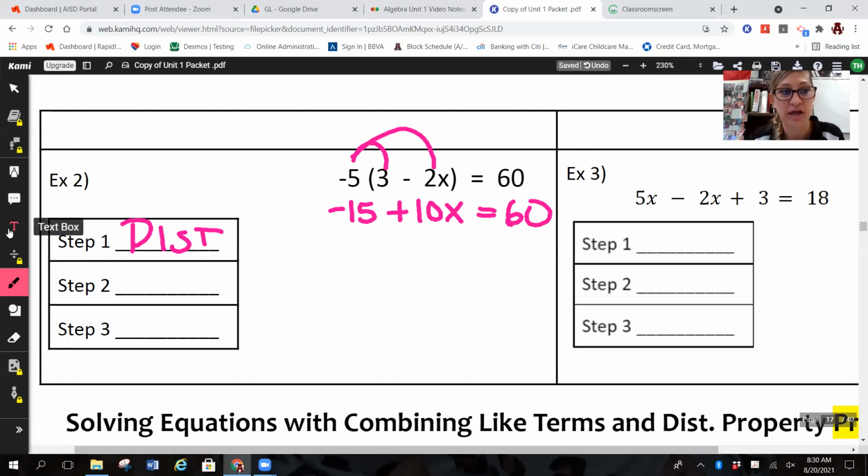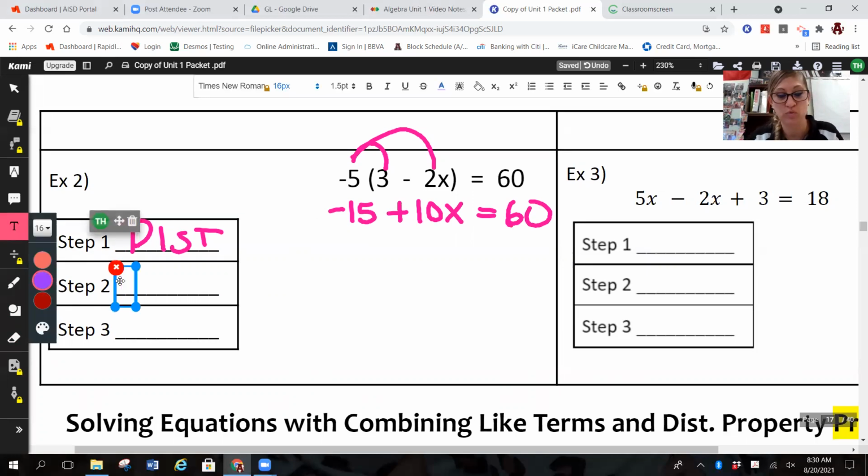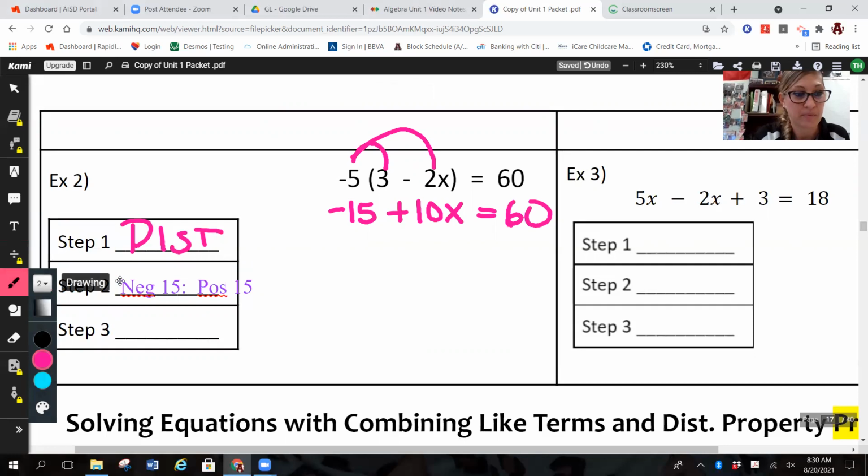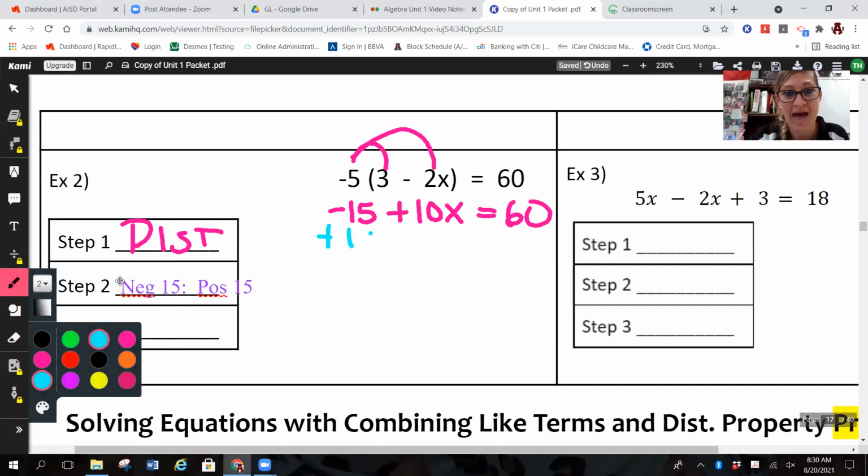Again, check for like terms. That is a constant. That is a variable. Those are not like. So the next thing I'm going to do is, what do I see? I see negative 15. So what will I do? I will add positive 15 to both sides. So we're adding the constant to both sides.